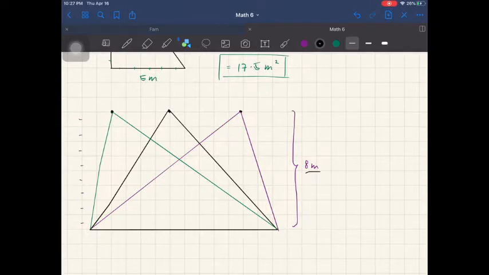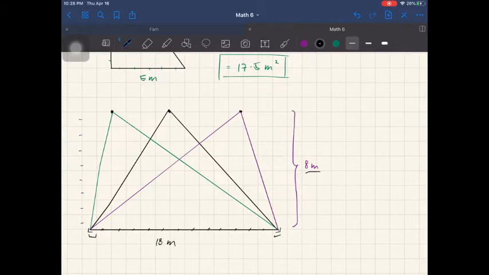So any of these three triangles would have 8-meter height, and their base is going to be 1, oops, that's not really perfect, but let's just say this is half, and let's just say that this is also half. So that's 1, 2, 3, 4, 5, 6, 7, 8, 9, 10, 11, 12, and then the half here and then the half there. It's going to be 13 meters.